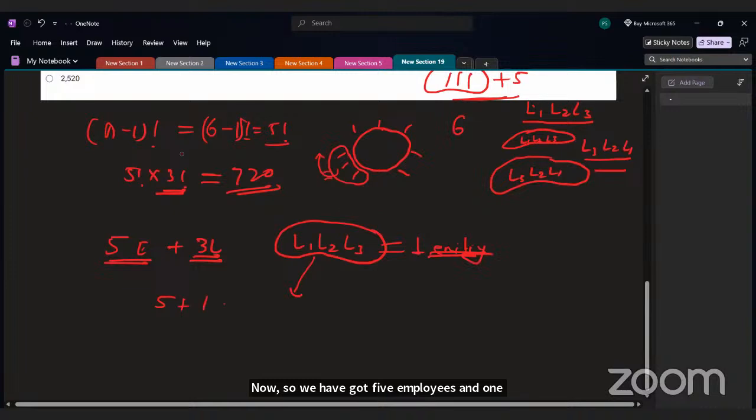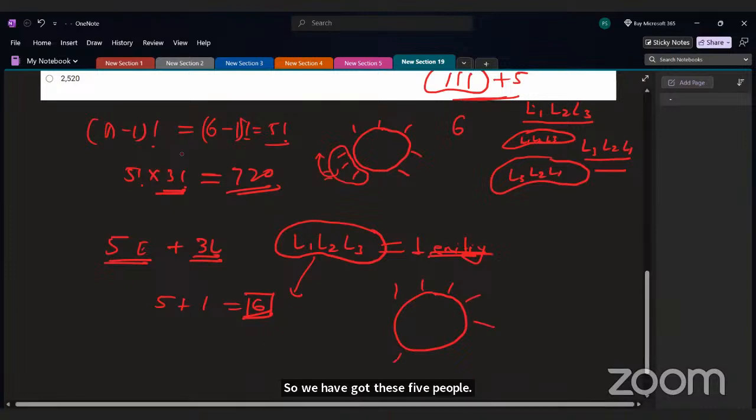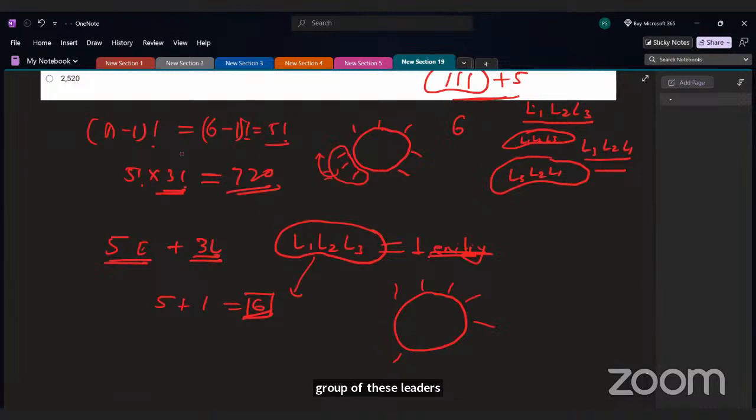So in total, we have got six entities to arrange around the circular table: these employees and one group of leaders. Now we studied in the circular permutation part that to arrange n number of people around a circular table, where clockwise and anticlockwise are different, is n minus 1 factorial.